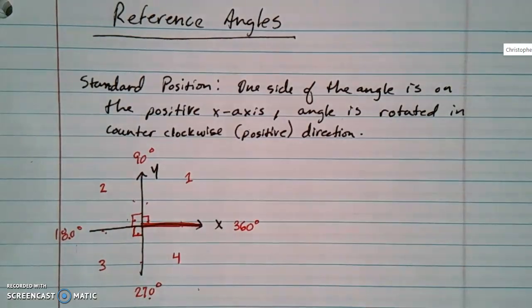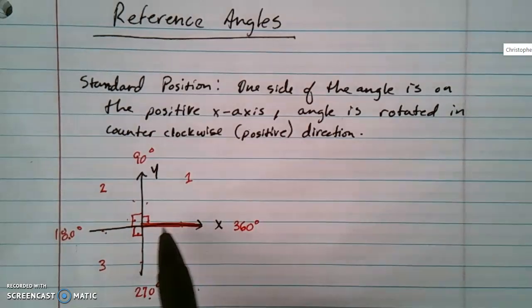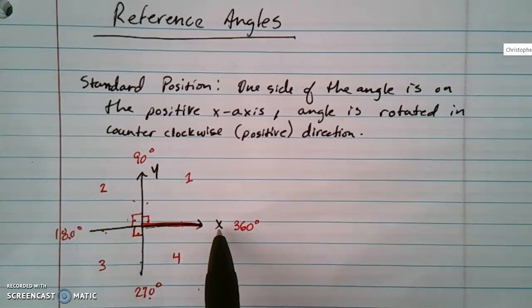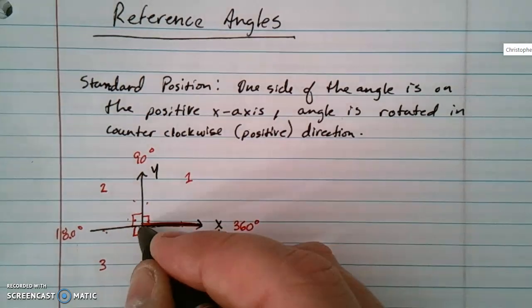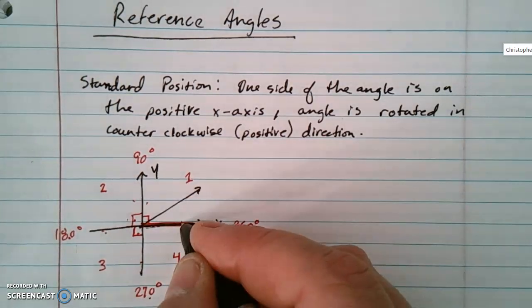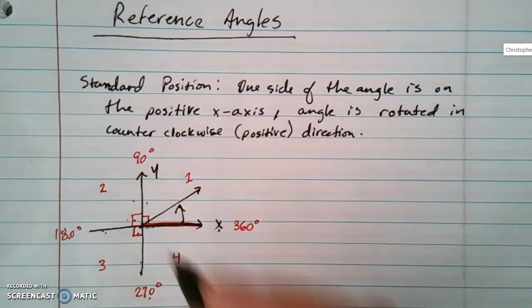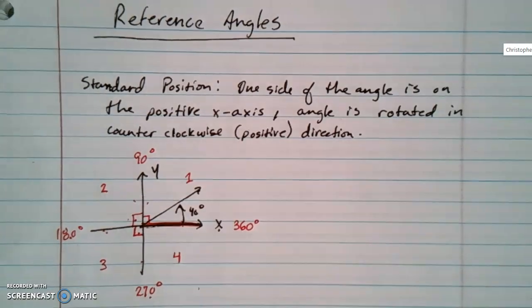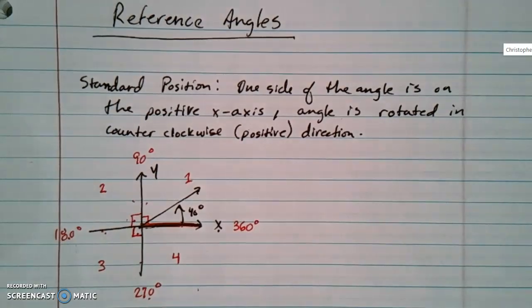So, standard position says one piece of the angle is always on the positive x-axis, and the other one is going to be somewhere out in space, and our angle rotates counterclockwise, opposite of a clock, 40 degrees, just for an example. This angle is in standard position.